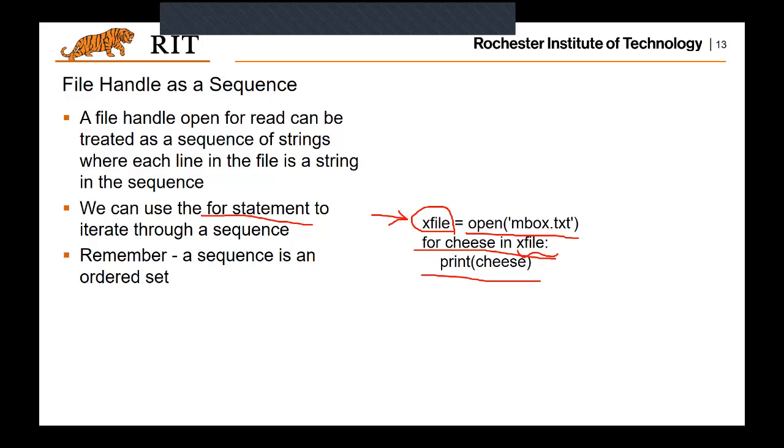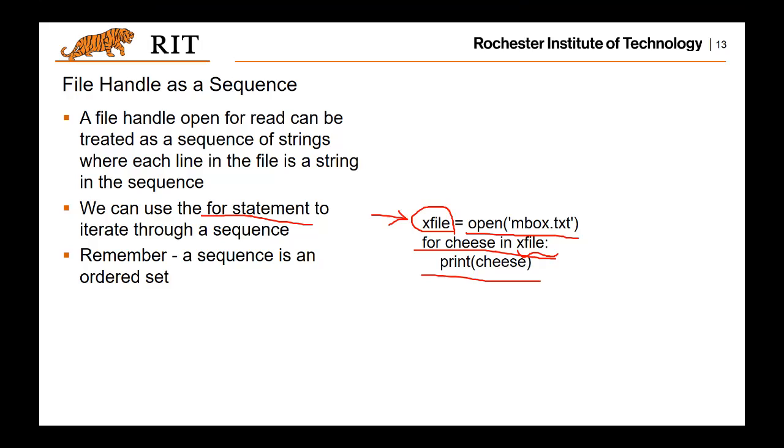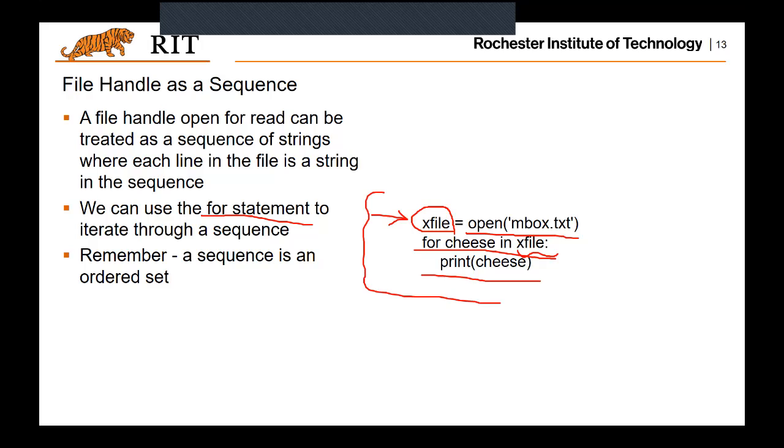So that's how it works. And a sequence is an ordered set. That means it goes starting from the first line of the file till the end of the file. That's the easiest way to utilize the handle. Basically, handle is a sequence.